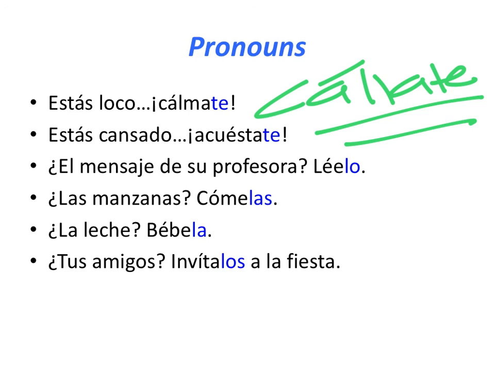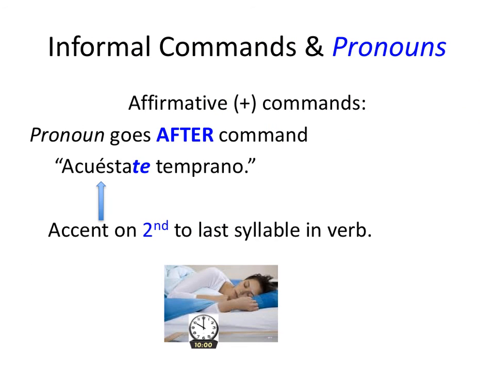The accent mark is going to go on the second to last syllable. Dile doesn't need an accent mark because di is one syllable. But acuesta is three syllables, so it goes on the middle one, the second to last one. Acuéstate. And you would recognize this if somebody said this to you. Okay, chicos, bueno, tienen mucha práctica con los mandatos afirmativos y negativos en el Supersite.